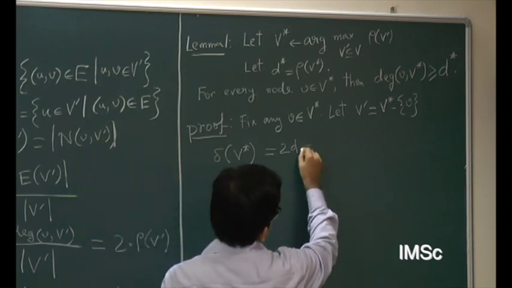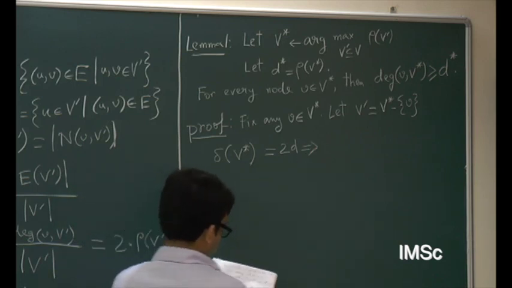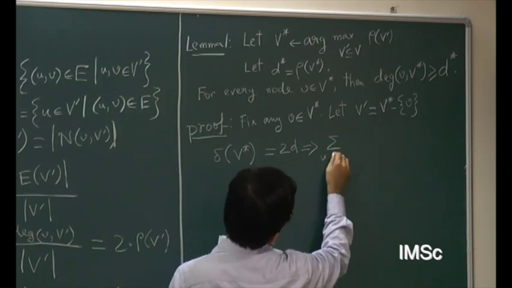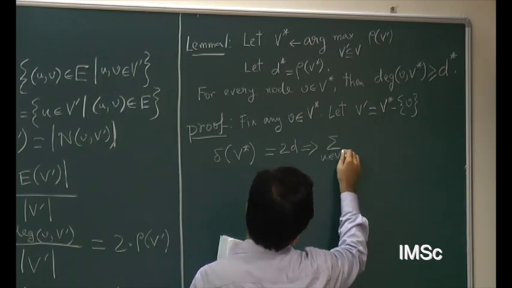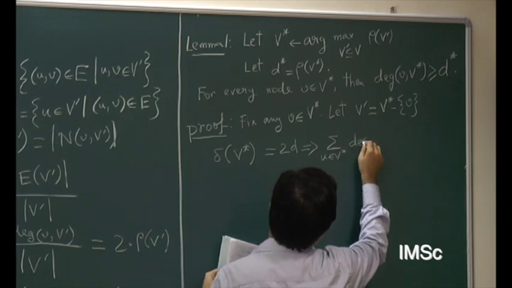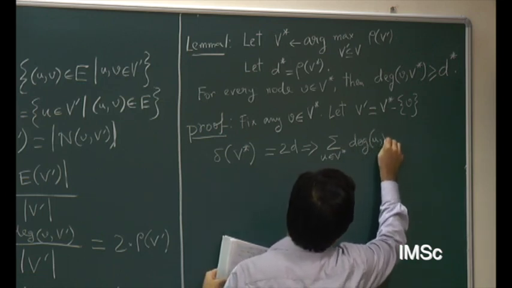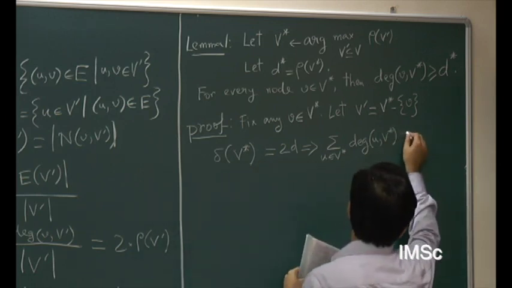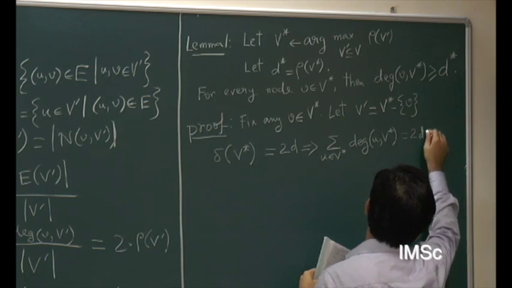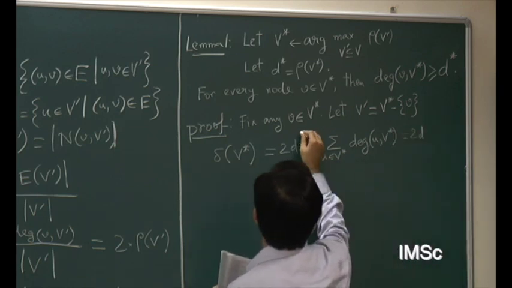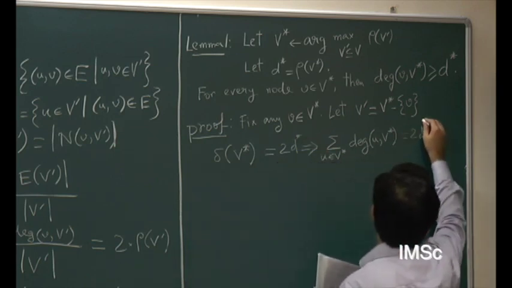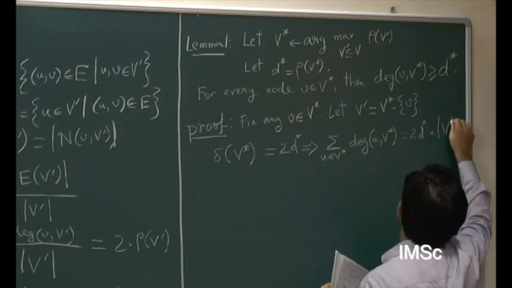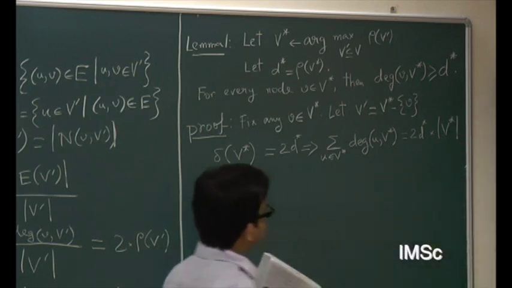What does this imply? This implies that if you sum over the degrees of the nodes u in V star, degree of u comma V star, this is going to be 2D star times the size of V star.